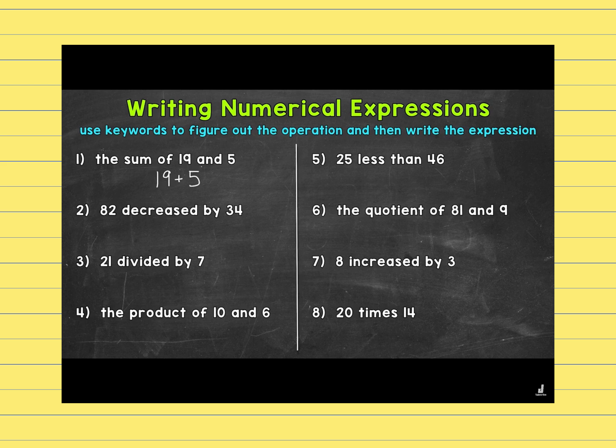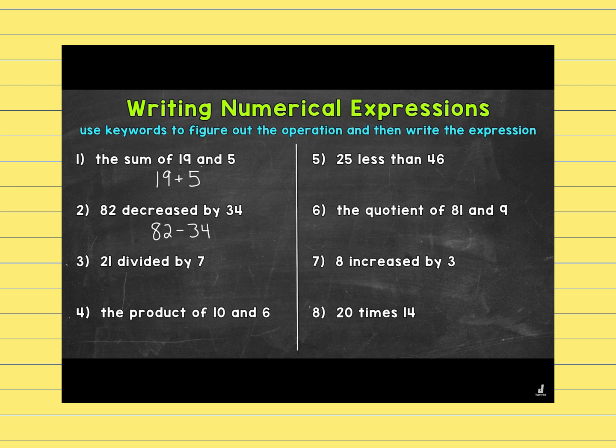Let's move on to number 2, where we have 82 decreased by 34. So decreased by means that we are going to subtract. So our numerical expression, 82 minus 34. Decreased by is going to be subtraction.